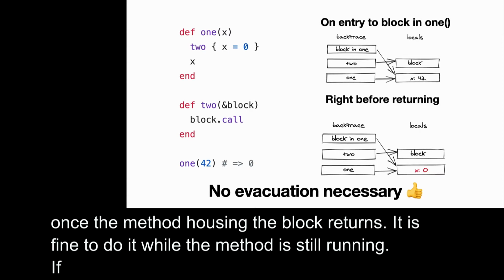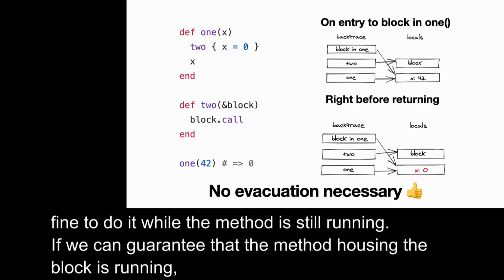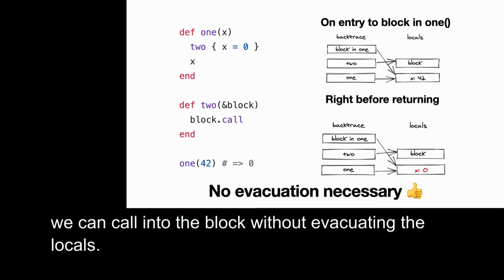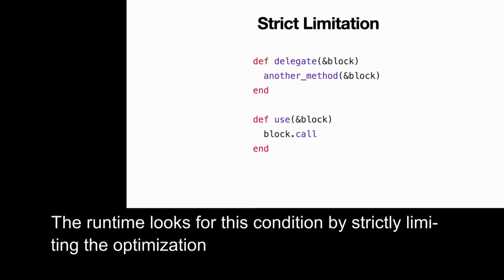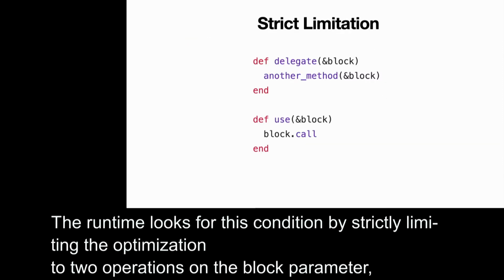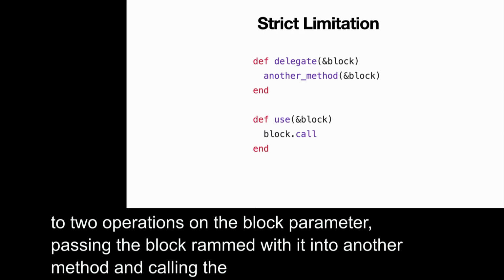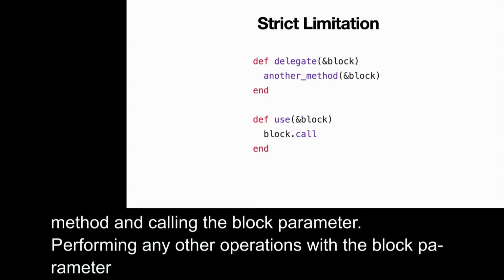So, if we can guarantee that the method housing the block is running, we can call into the block without evacuating the locals. The runtime looks for this condition by strictly limiting the optimization to 2 operations on the block parameter, passing the block parameter to another method, and calling the block parameter. Performing any other operations with the block parameter defeats the optimization.